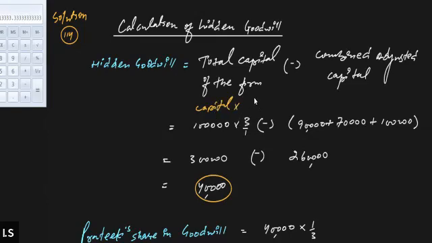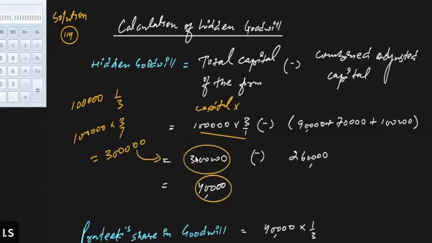So the new partner is coming for 1/3 share, and he is bringing in 1 lakh as his capital. So to find the total capital of the firm, we just multiply 1 lakh into 3 by 1, and this way we get the total capital of the firm, that is 3 lakh.